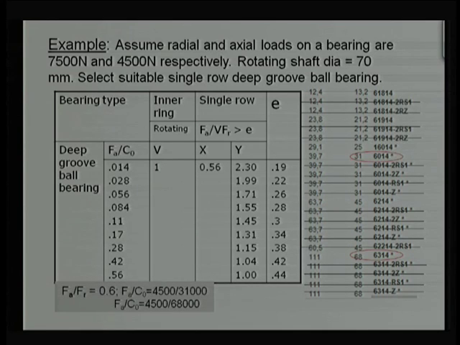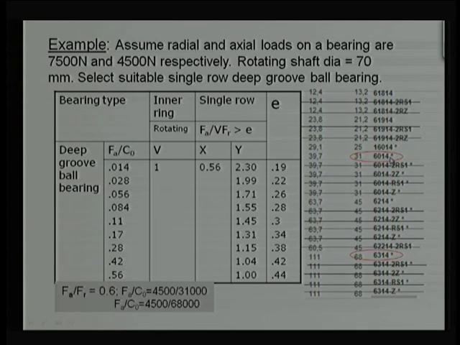In the previous lecture we did a similar thing. FA by FR is 0.6, which in most cases is more than the e parameter given. That means we have to select the parameters X and Y from the table. Then we require FA by C0, as each bearing has a particular value of C0.